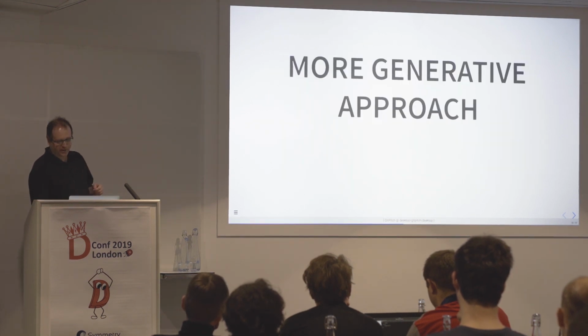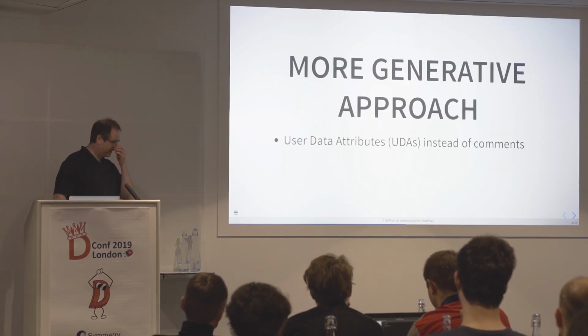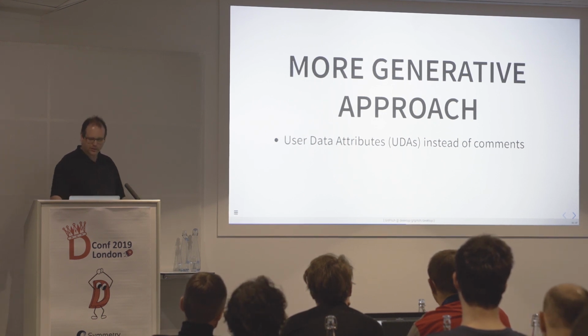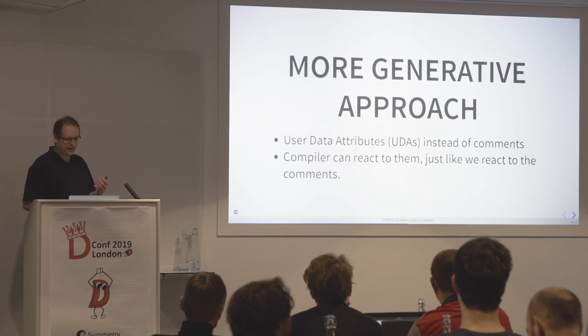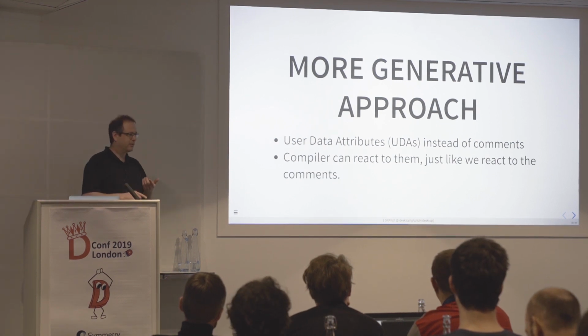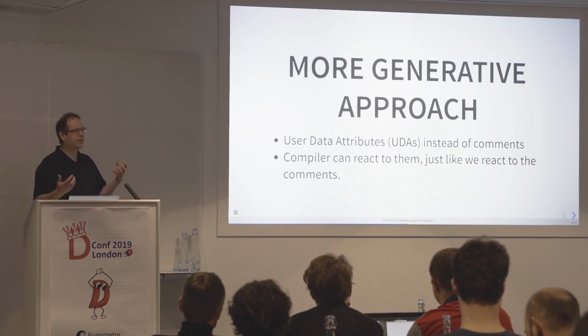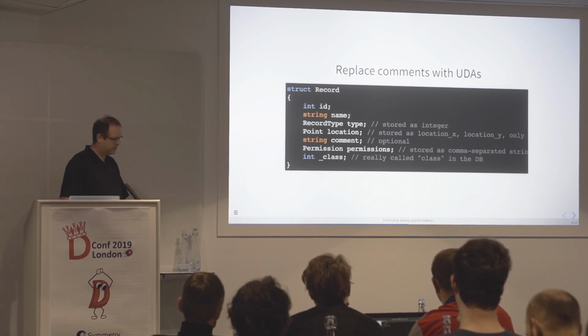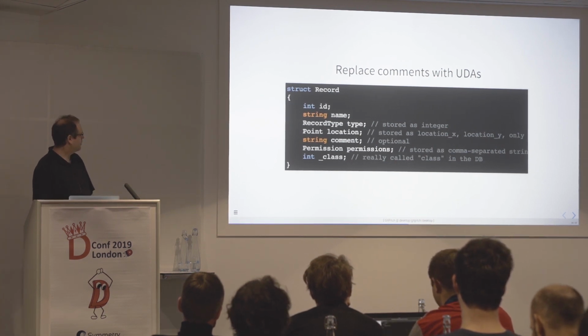So let's look at a more generative approach to this. Instead of comments, we're going to use UDAs. The benefit of a UDA over a comment is the compiler can react to them just like we react to comments, but it has all the information it needs. And they're just as descriptive. So if we look at our struct again, we're going to replace these one at a time.